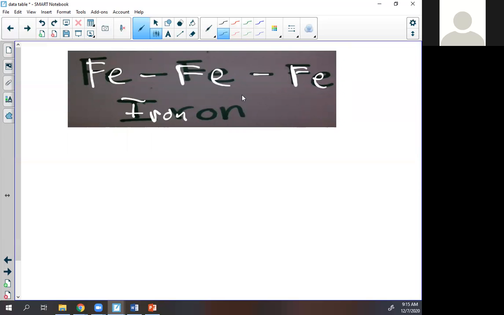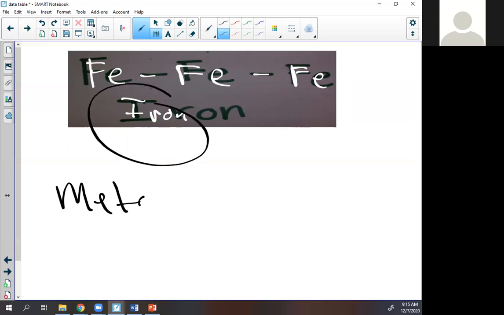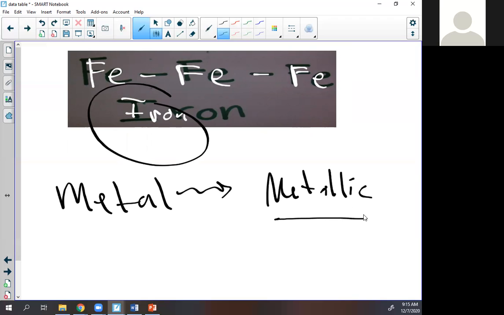And it's not nonpolar. I know that's a difference of 0. If I just have iron, I have a piece of metal. And a piece of metal has metallic bonds. So the type of bonds between just individual metal atoms is called a metallic bond.